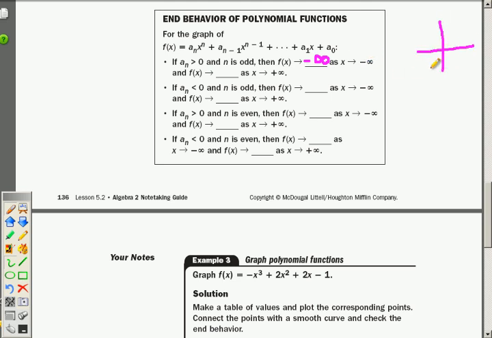So it's going to be down here when it starts. And it will head towards positive infinity when x heads towards positive infinity, so it's going to go up here.